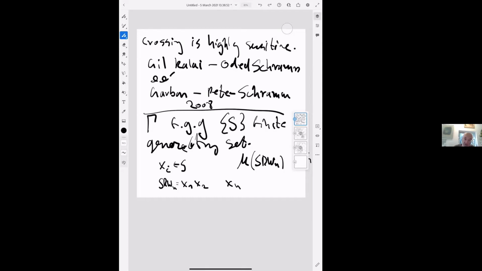If the measure is uniform and S is finite and symmetric, this gives us simple random walk on the group. I guess everyone knows what simple random walk on a group is, for example on a free group. Again, please ask a question or comment if I'm going a little bit quickly.